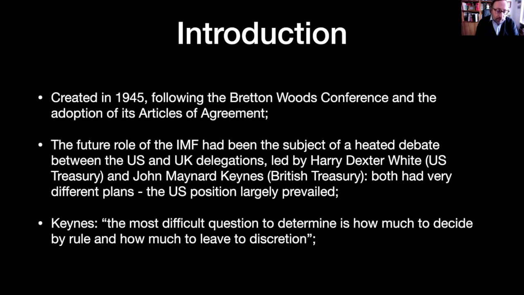Now, the United Kingdom's delegation, headed by the famous economist John Maynard Keynes, was very much concerned with making sure that, okay, we need to have international cooperation, we accept that. So this means that we will need to have some international rules, but we're not really going to sacrifice domestic political priorities in order to safeguard these broader international goals.